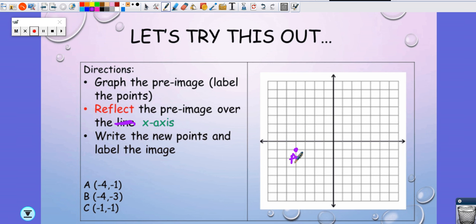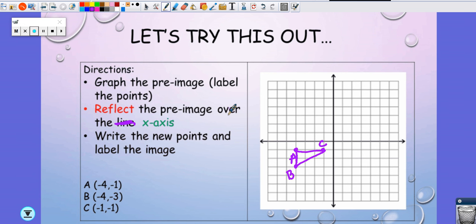So that's my A. And then -4 and -3, that's B. And my C would be -1 and -1. All right, so this right here is my pre-image.